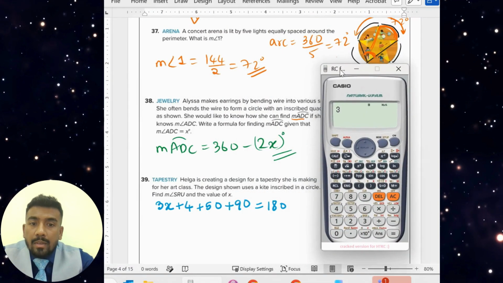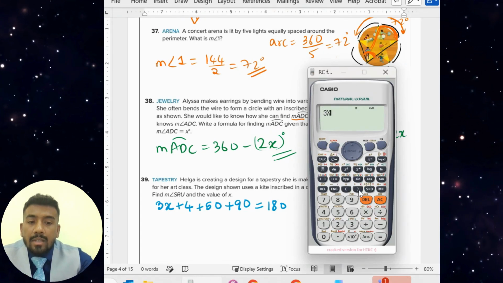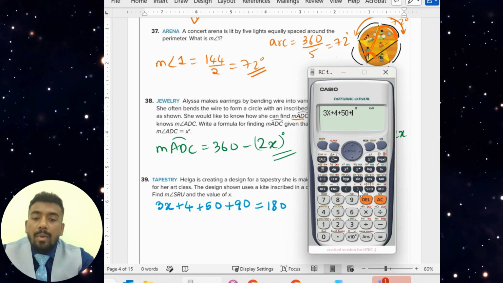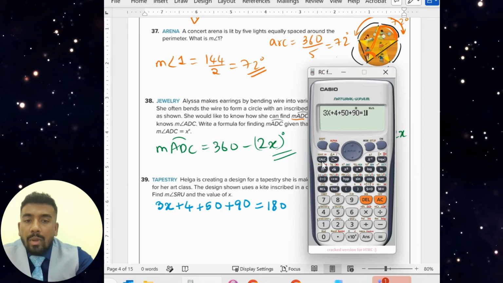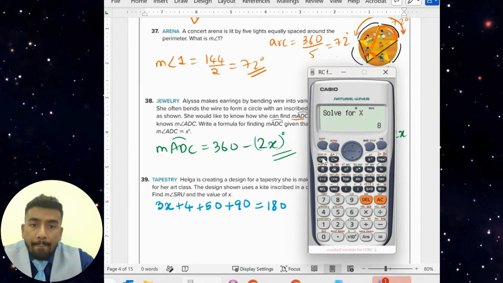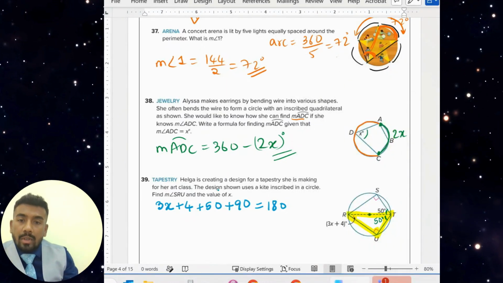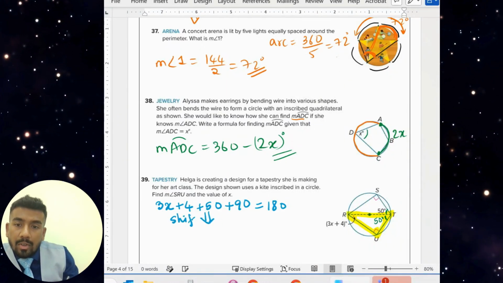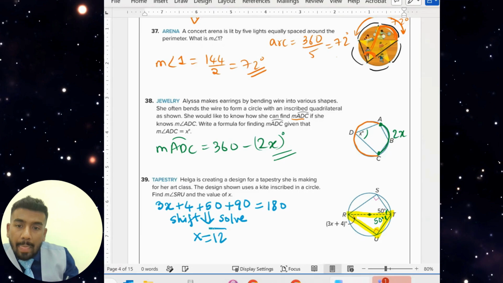So 3 alpha x plus 4 plus 50 plus 90 equals 180. Now do shift solve. What do you get? X is what? 12. Whenever you see this arrow, it means shift and solve. So X is 12.